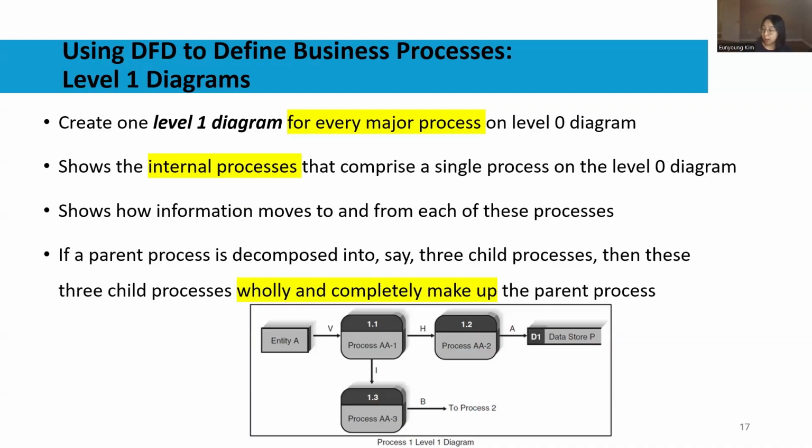Make sense? And definitely, as I said, these sub-processes should fully and completely make up the parent process, for example, evaluating manuscript. It should not miss any important process to complete the manuscript evaluation.